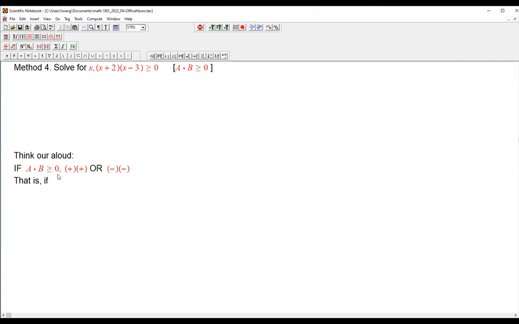If A times B is greater than or equal to 0, then either both A and B are positive, or both A and B are negative.